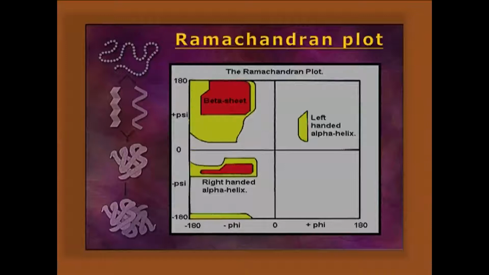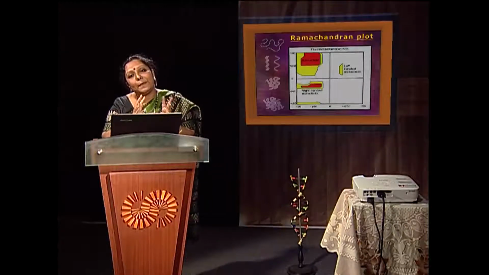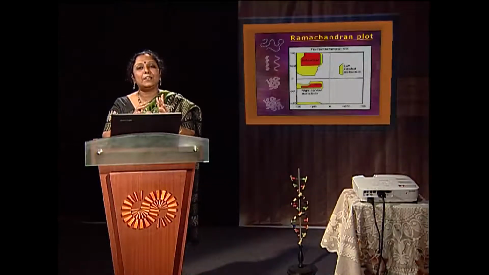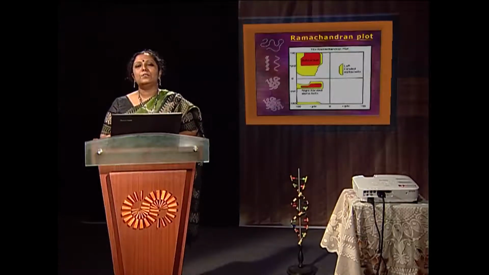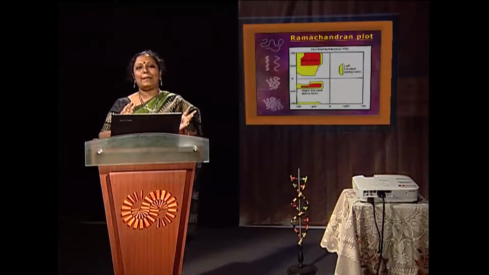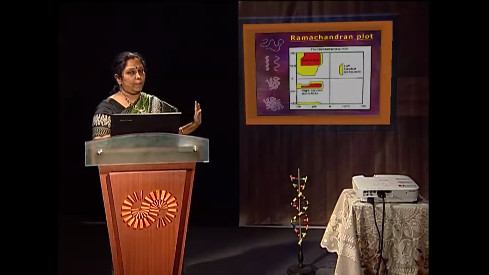You can find the beta sheet allowed structure, the right-handed alpha helix structure, as well as some left-handed alpha helix structures are also allowed. And you can find some forbidden areas near psi equal to 0, very near the allowed region. Some forbidden areas can be made allowed by twists and all. So it is actually the Ramachandran plot.